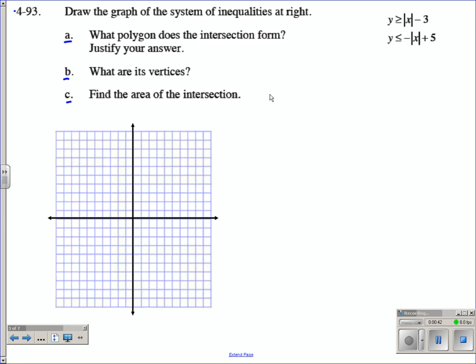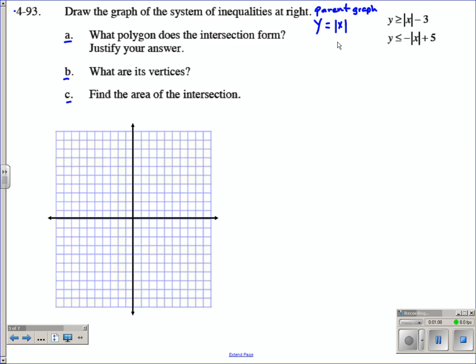First thing we're going to do is graph our absolute value inequalities here. One thing you want to think about is this inequality still comes from the parent graph. Remember, the parent graph of this is y equals the absolute value of x.